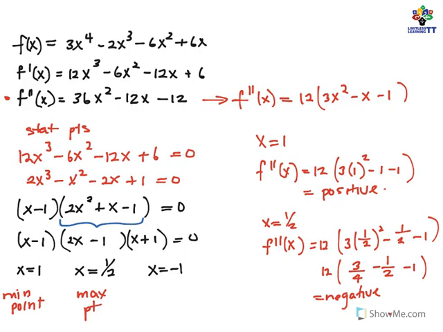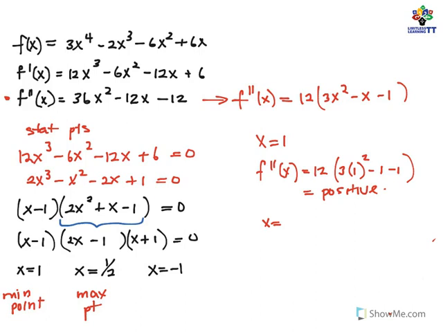And again, I repeat this same thing for when x is equal to negative 1. So when x is equal to negative 1, it means that f double prime of x will be equal to 12 into 3 times negative 1 squared minus negative 1 minus 1.